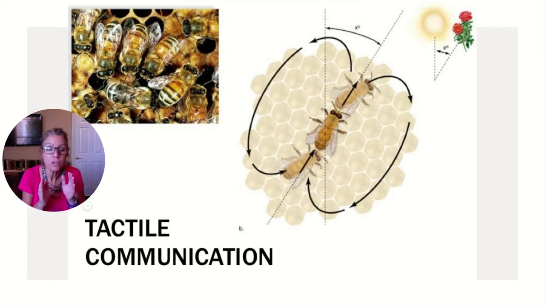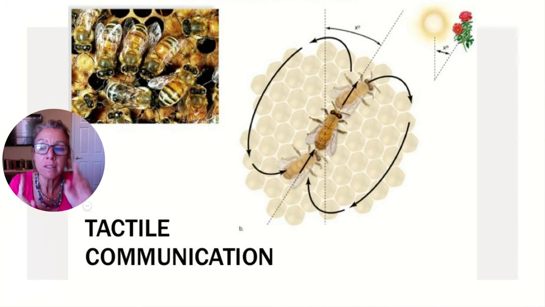So all that's doing is giving you the direction of where to fly, but it's not telling you how far. The how far is in the number of waggles they do, because they shimmy, shimmy, come around, shimmy, shimmy, and they come around. So the waggle part tells them how far to fly. The angle off center tells them what direction to fly.